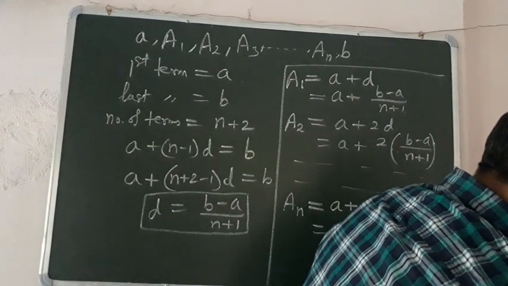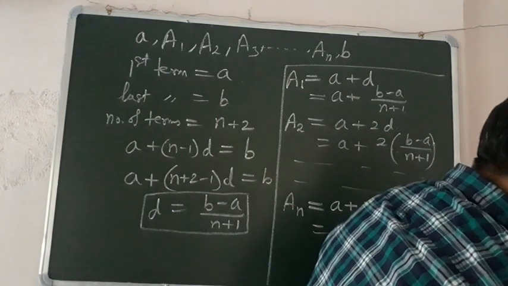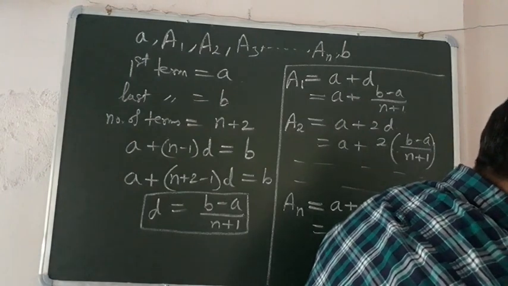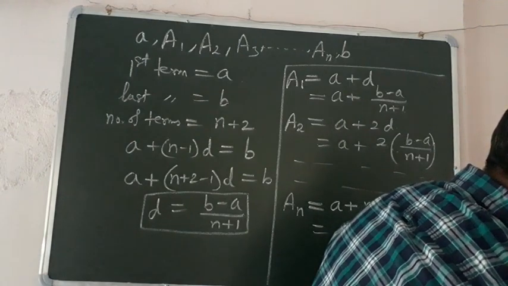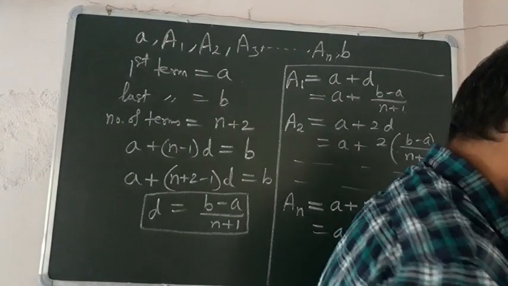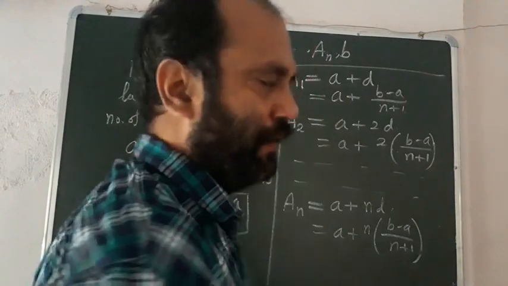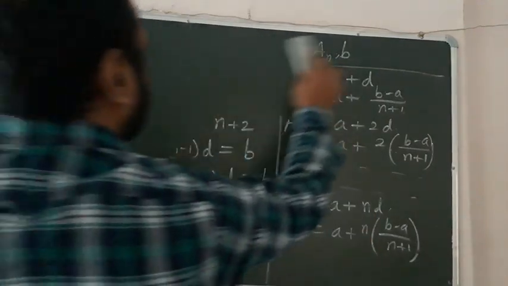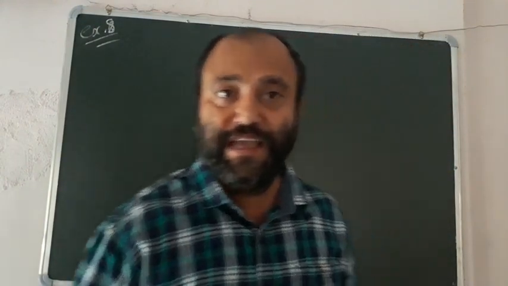I am taking example number 8 here. By solving this question you can understand how to find the arithmetic means between two numbers. So example number 8 is: insert 6 AMs. The question is to insert 6 numbers between 3 and 24 so that the resulting sequence is an AP, which means you have to find AMs.